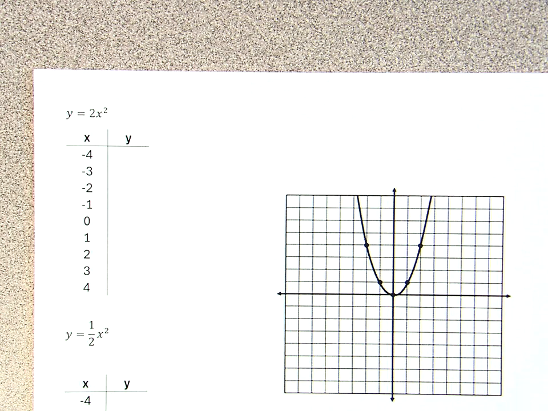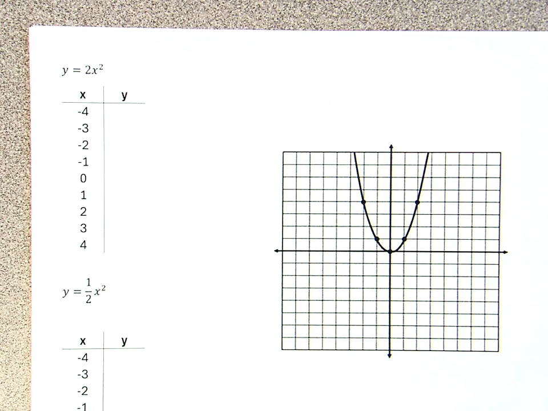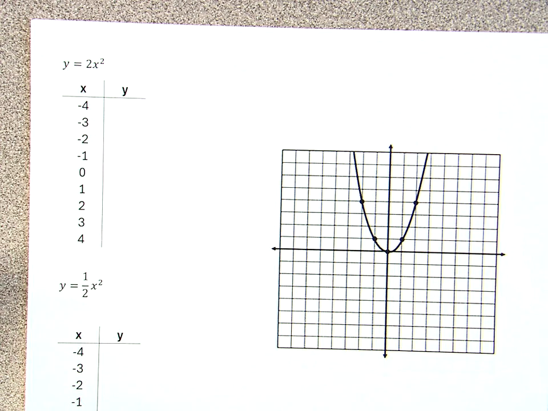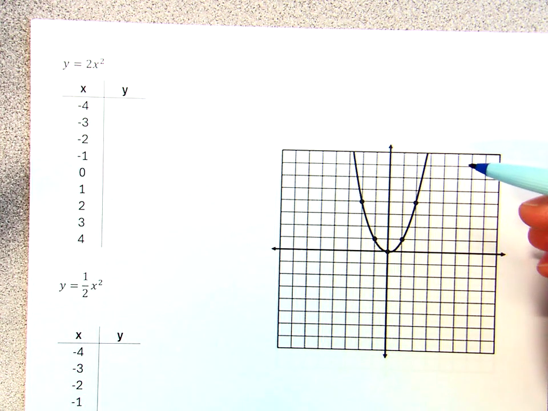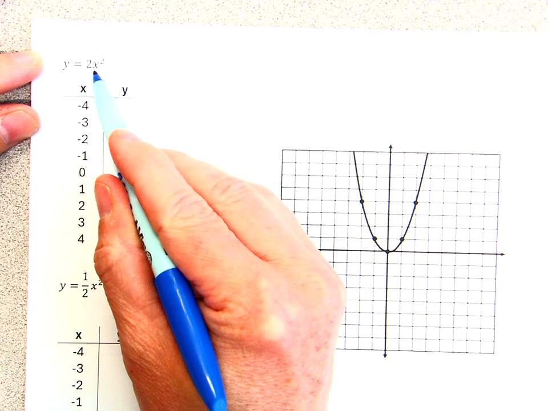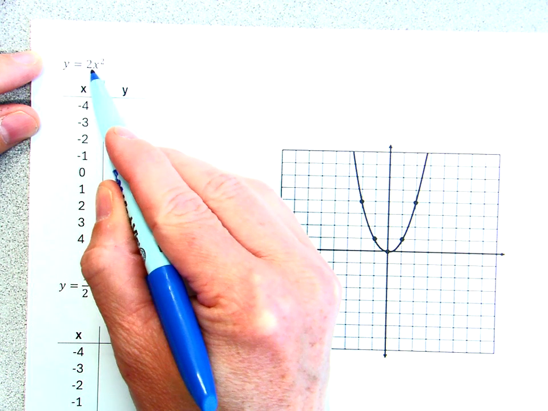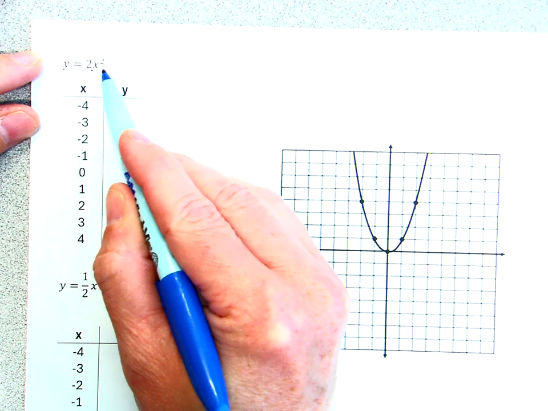Let's try a couple more transformations. Okay, so again, we want to think about order of operations. We know where we see an x squared as our y value. So in terms of order of operations, we would square values before we would multiply, because this is like 2 times x squared.